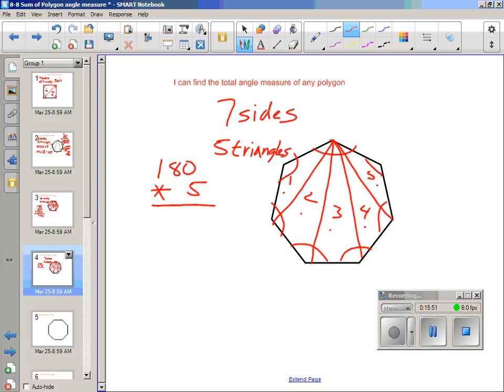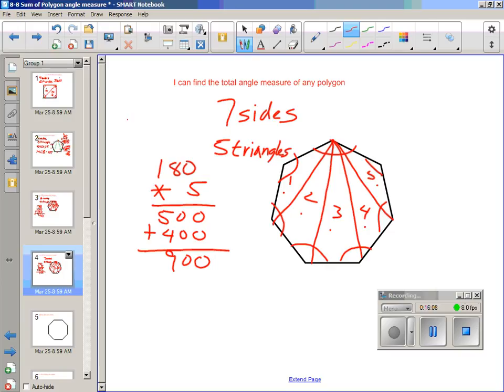5 groups of 100 is? 500. 5 groups of 80 is? 400. Grand total of? By the way, do you know I'm actually using the distributive property when I do that? I am.